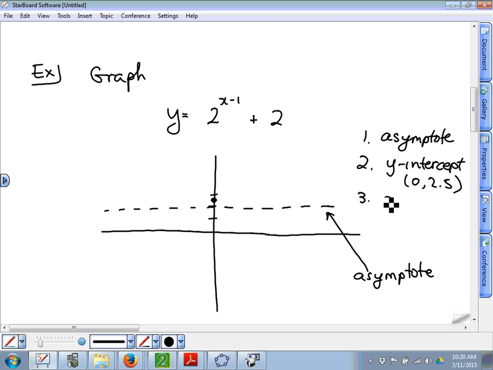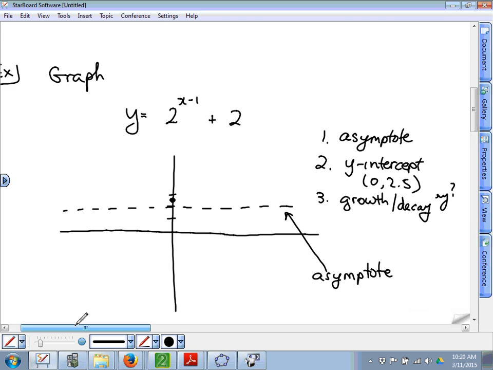Third thing is you've got to decide what kind of exponential. Is it growth or is it decay? Which one's this one? Growth. This is the base. The base is bigger than 1, so that means it's growth. Why would you need to know that? Growth functions start here and increase. Decay functions start way up here and decrease.